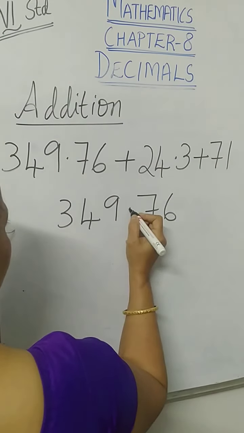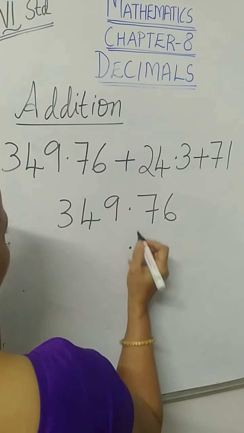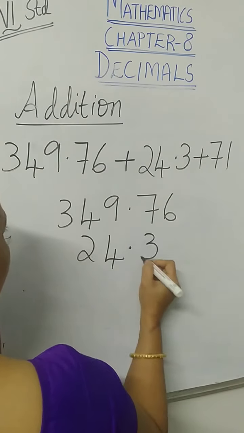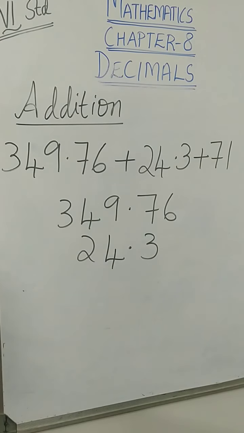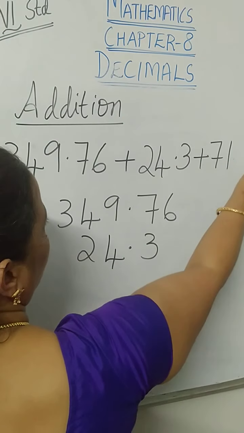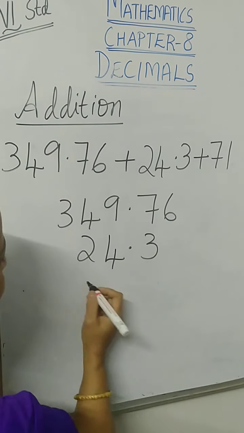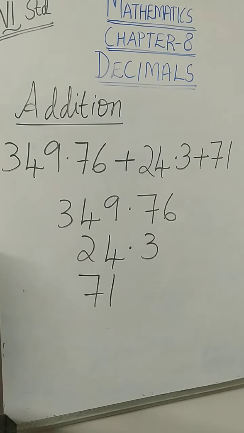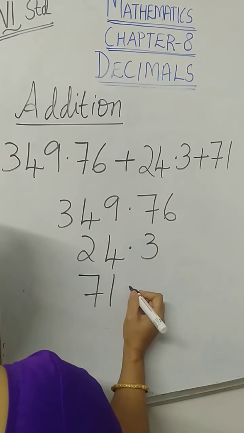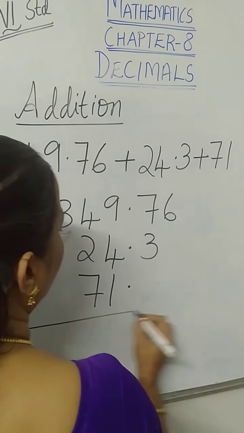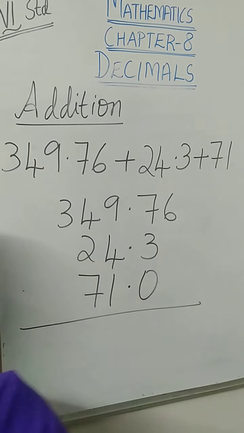In the next number, the point will come in the same line. So it is 4 here, 2 here, and it is 3 here. Now look at this number 71. It has no decimal there. It is understood that after the number there is a decimal, that is 0.0. So you should write 71 here, not after the decimal. If you want, you can write it as 0.0 or you can leave it as it is.